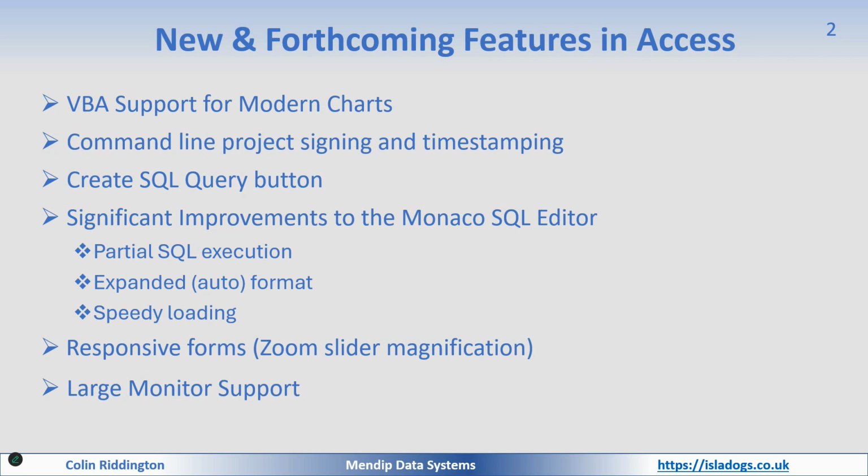They finally added that a couple of years ago, but they added some additional functionality late last year and early this year, including the ability to do project signing from the command line and finally to timestamp your code signatures as well. I'll explain what that means later.